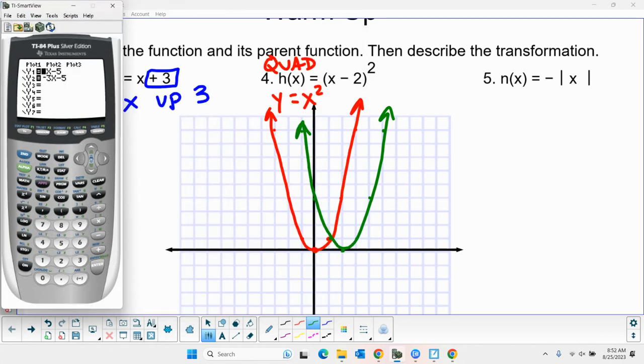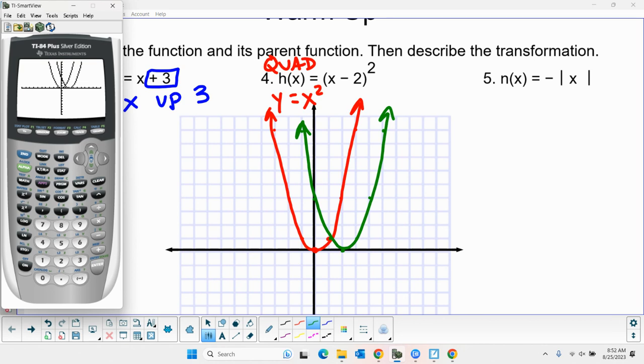So we have x squared. So I'm just going to put x squared and delete those numbers. And then we got parentheses x minus 2 squared. First one will be our parent, and the second one will be it moved over 2.